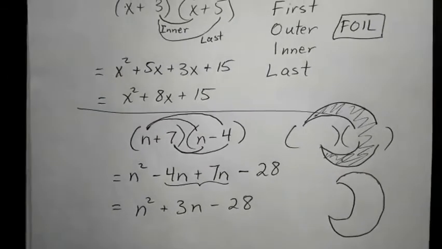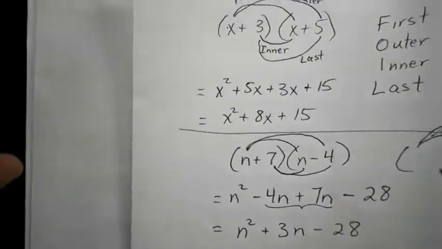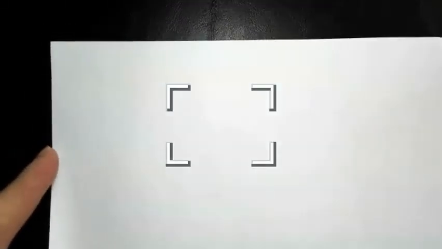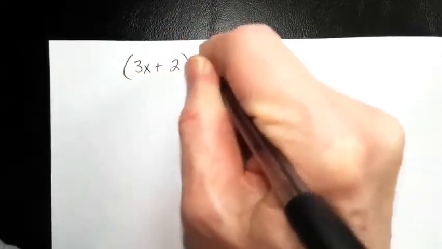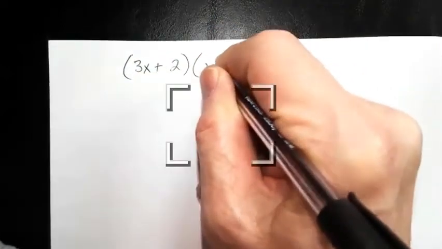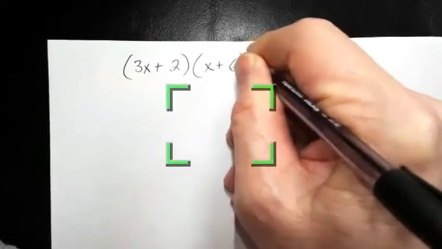Okay. All right. I want to show you another method that I think maybe was even shown on one of the other videos, but I'll show it again because I think it's helpful. All right, so let's say I have 3x plus 2 times x plus 6.